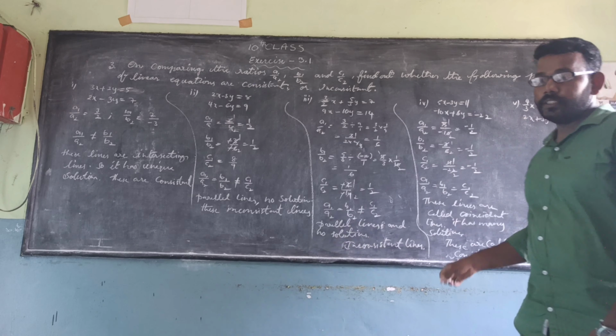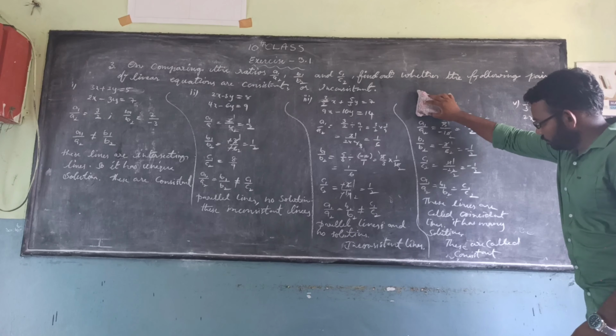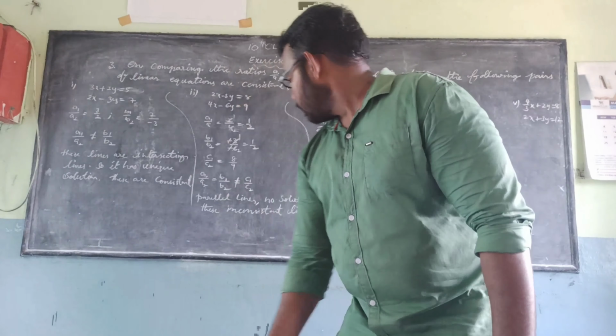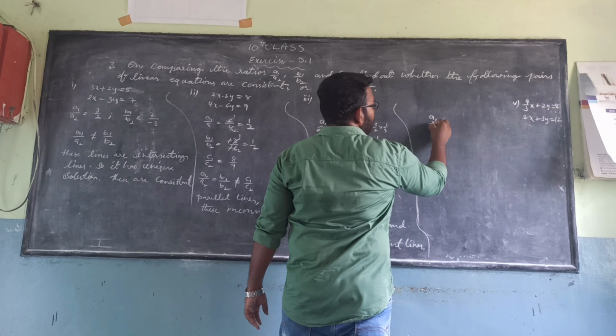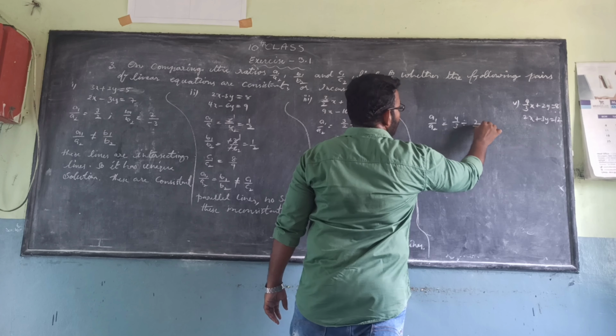Now let us check the next problem to understand. Here a1 by a2 is equal to 4 by 3 divided by 2 by 1.